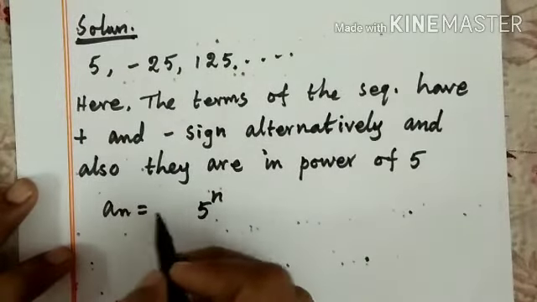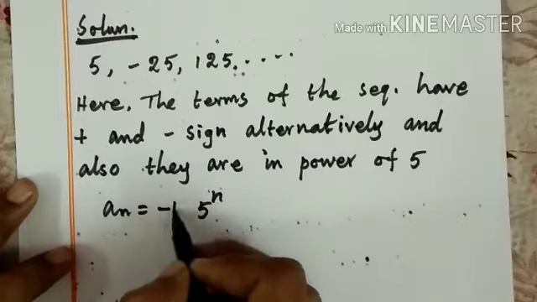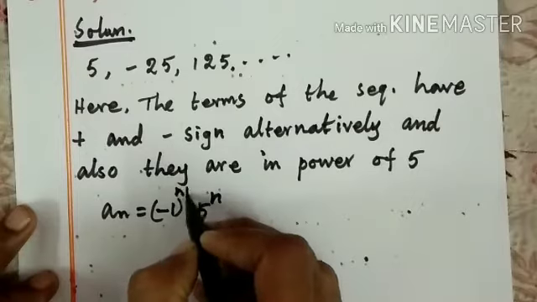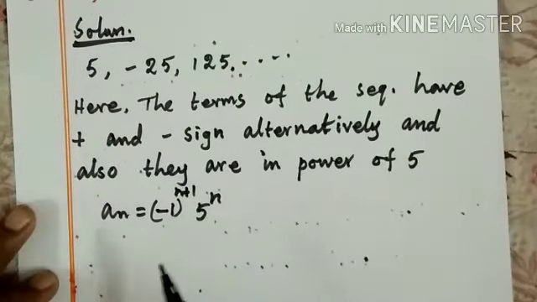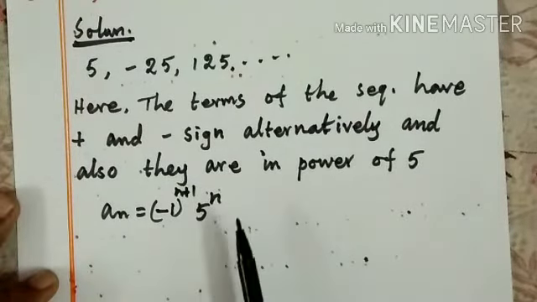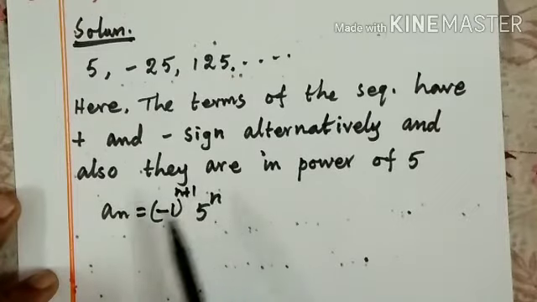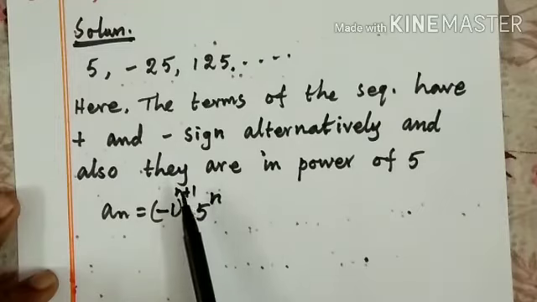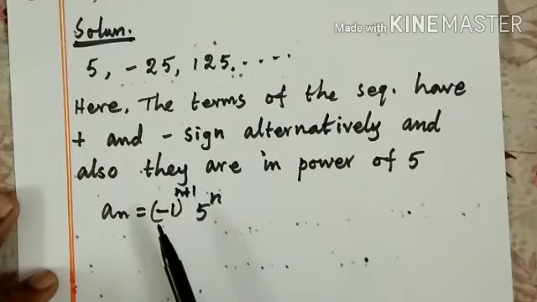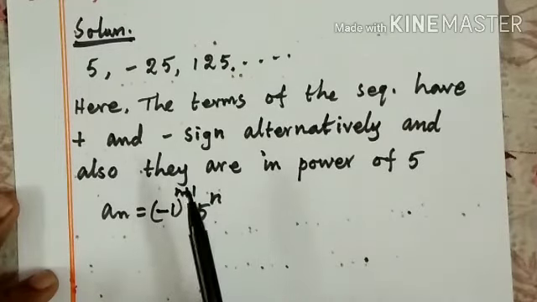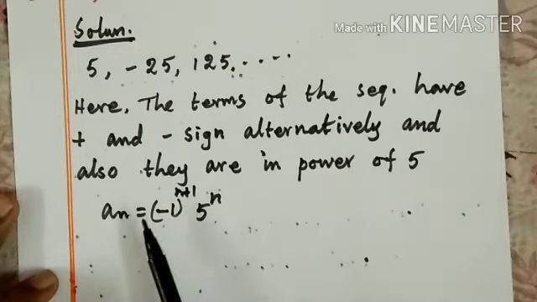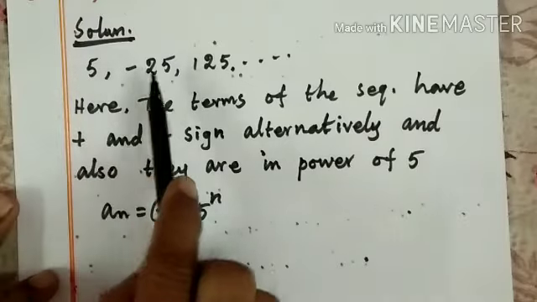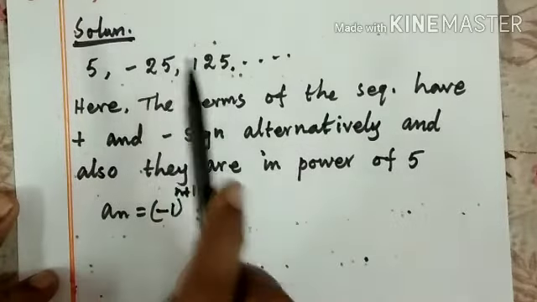For that you have to write minus 1 the whole power n plus 1. That is, for n you put 1, means here 5 power 1, here minus 1 the whole power 2. When the power is an even number, the sign is positive. When the power is an odd number, the sign is negative. So here the first term is positive and the second term is negative.